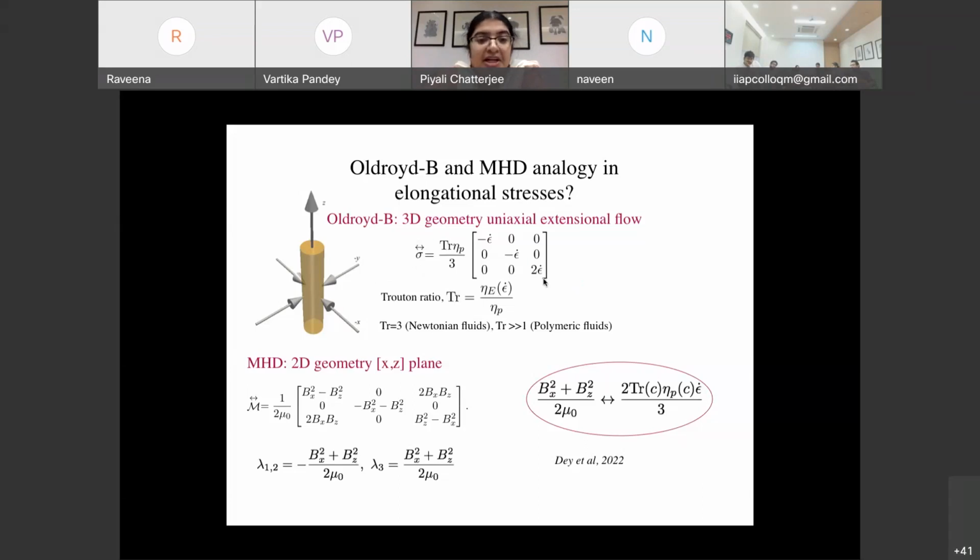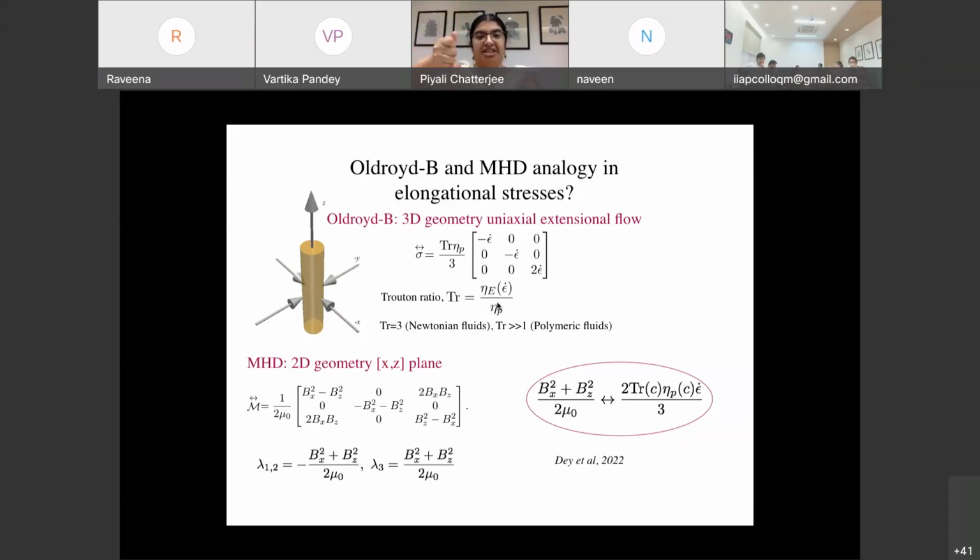the polymeric viscoelastic stress, let me call it, has an expression like this, where you have a term known as the Trouton ratio. The Trouton ratio tells you how the viscosity along the jet is varying with respect to the polymeric viscosity. If you have a polymer which is being stretched in the vertical direction, or any direction for that matter, the viscosity in that direction is increasing because those polymers are stretching and they are back-reacting on the flow.